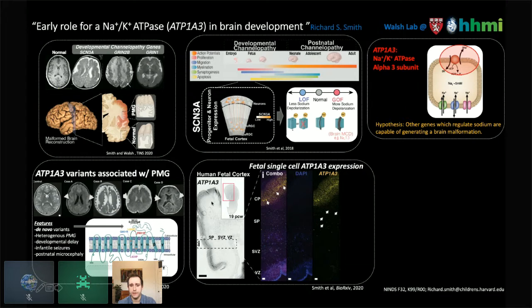We can use human fetal cortex tissue, perform slicing, and take a look at exactly where ATP1A3 is located in the cerebral cortex. What we find is that it's enriched in the cortical plate area. We see this enrichment especially in deep layer neurons, but we also see some expression down here through the intermediate layers more sparsely. We can take this same tissue and perform single cell sequencing.